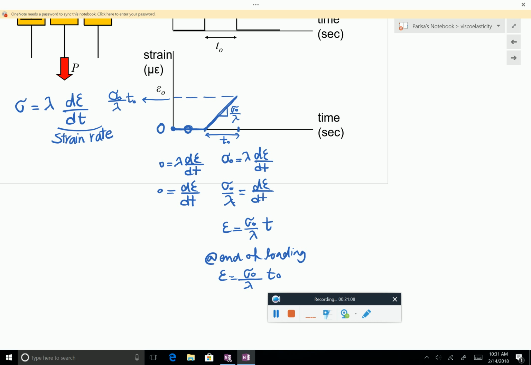If I hold it longer, this would continue to increase linearly with time. If I hold it for 5 seconds, it will be sigma 0 over lambda times 5. If I hold it for 10 seconds, it continues.